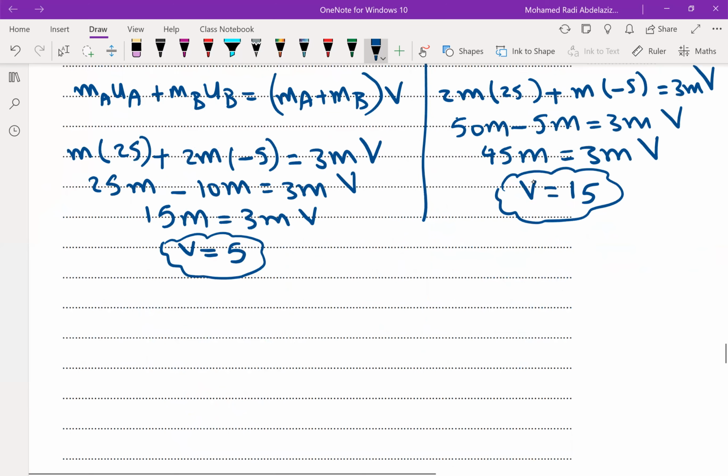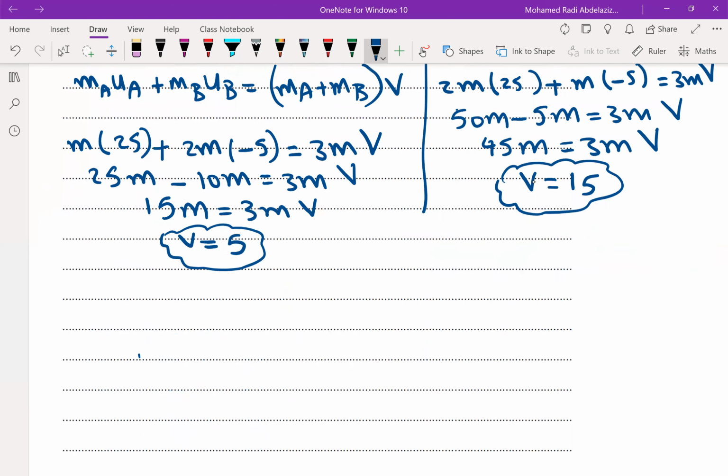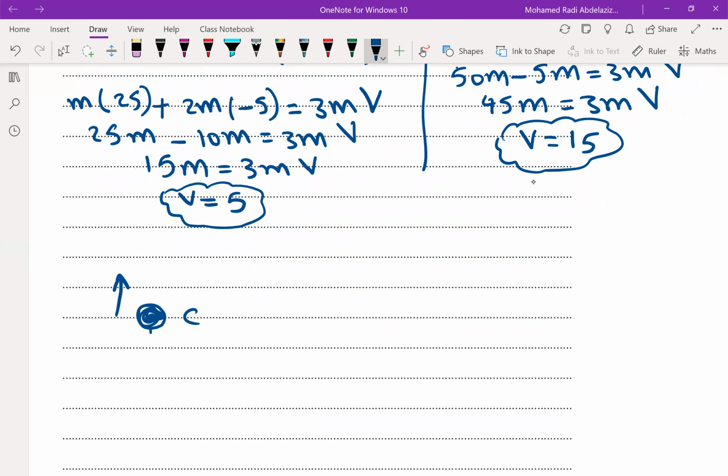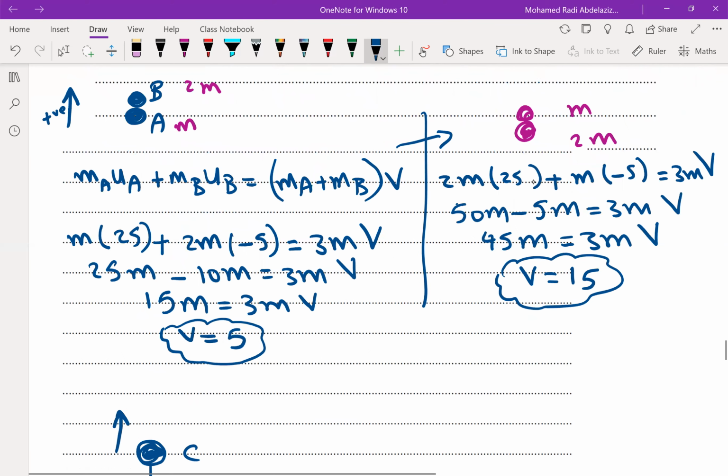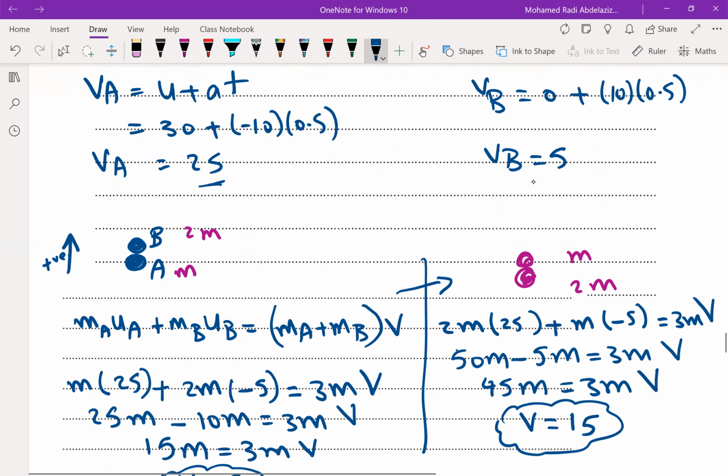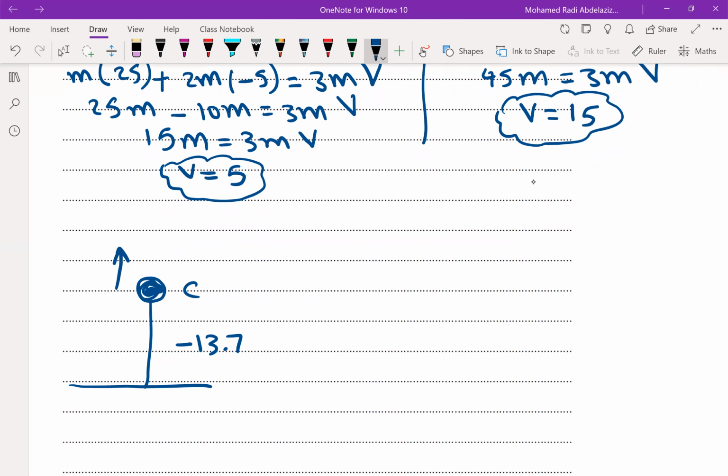Now for particle C together, it's clear its velocity is 5, but its direction is up. And there is a displacement between the particle C and the ground. If we use displacement to write it, -13.75 as displacement.